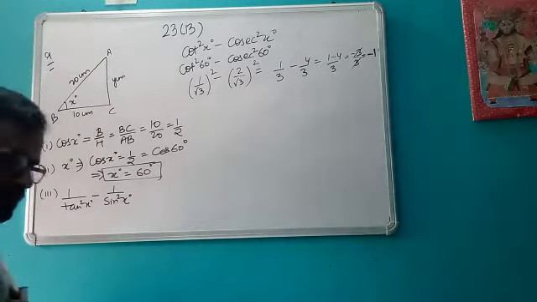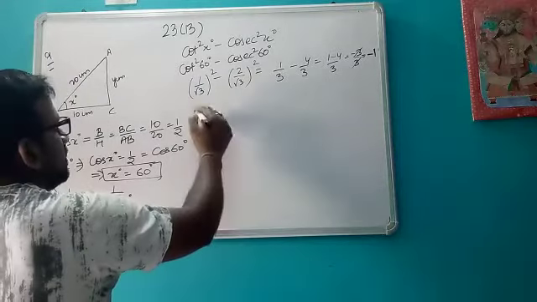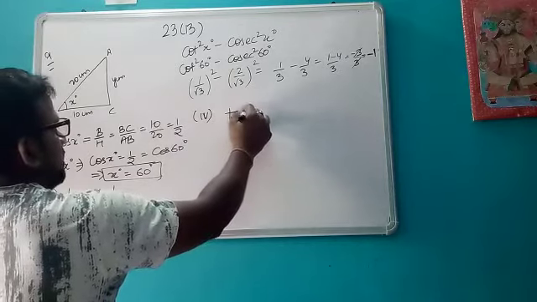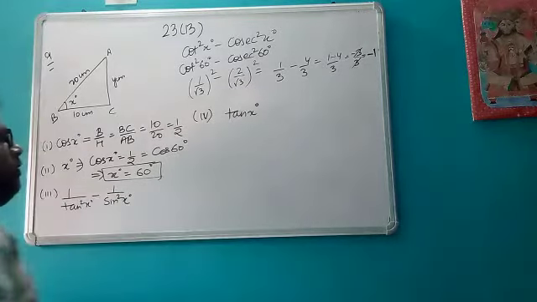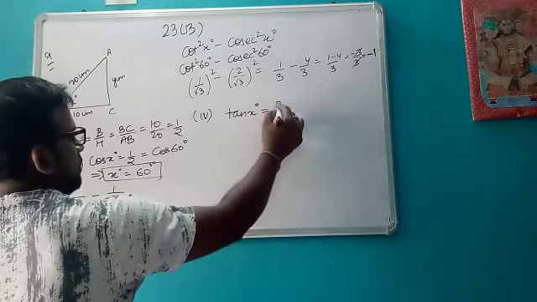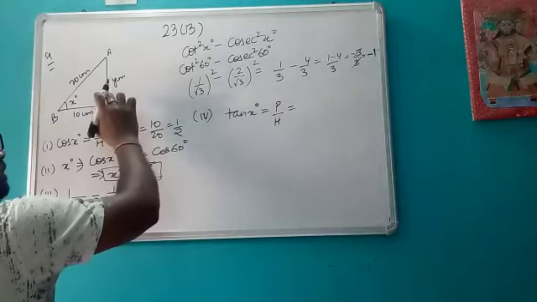Now what we have to do in the fourth part, we have to use this tan x degree to find the value of A. So for tan x, we will write the value of this tan in terms of sides of the triangle. So what are the sides of the triangle?